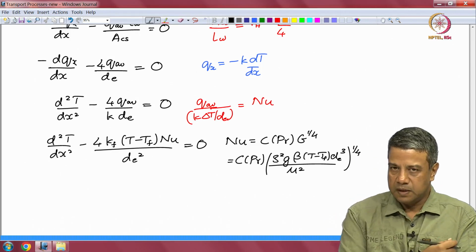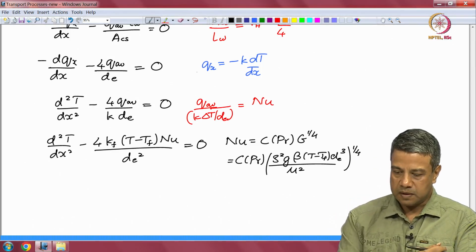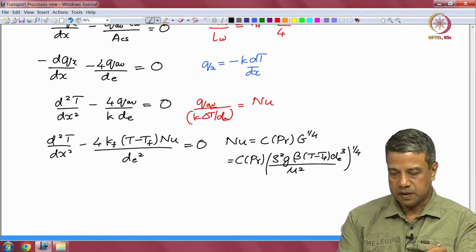This is a function of Prandtl number, times Grashof number power half.